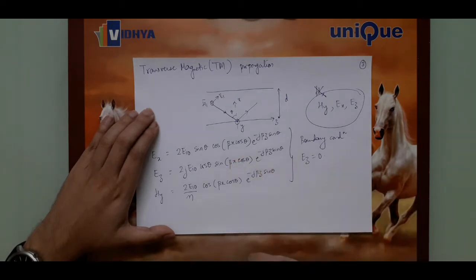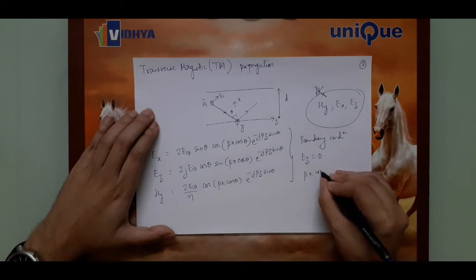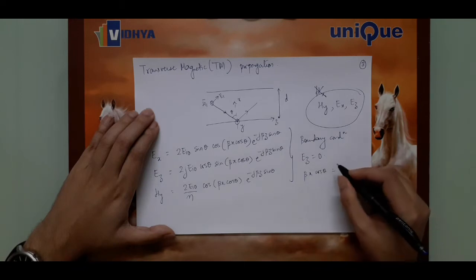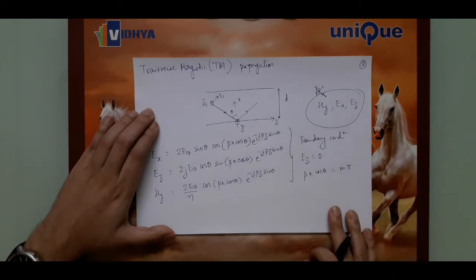So if I put this Ez as 0, what will I get? I will need that beta x cos theta must be equal to some m pi, very similar to what we had proved last time.